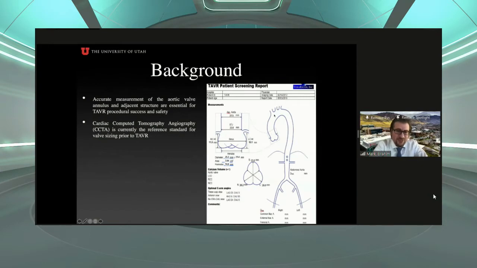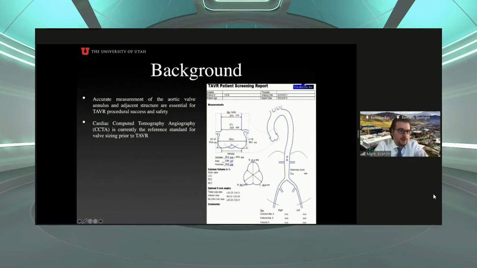Also the sinotubular junction, and measurement of the entire thoracic and abdominal aorta and the femoral arteries, to make sure that the transcatheter valve mounted on the catheter can be passed safely to the aortic valve.